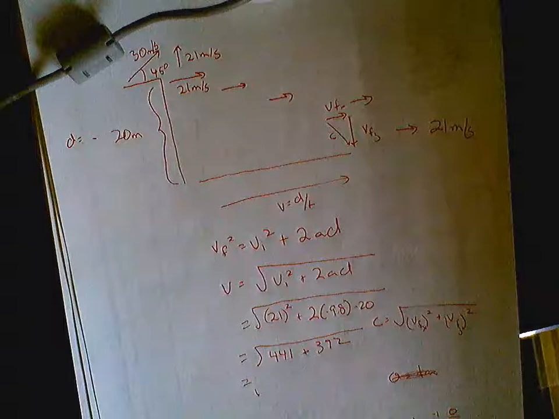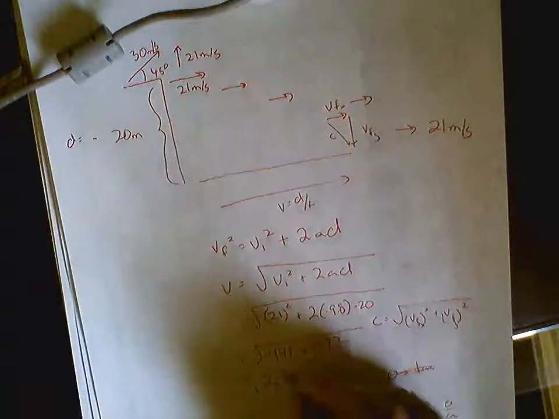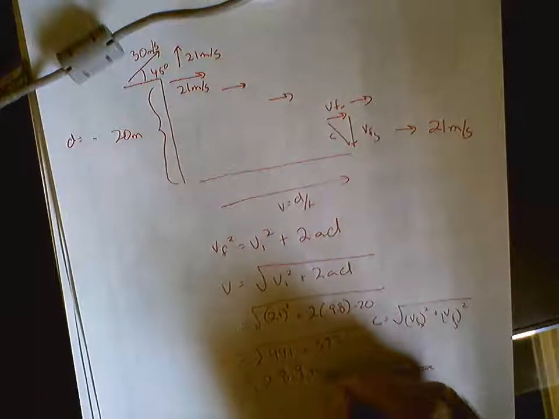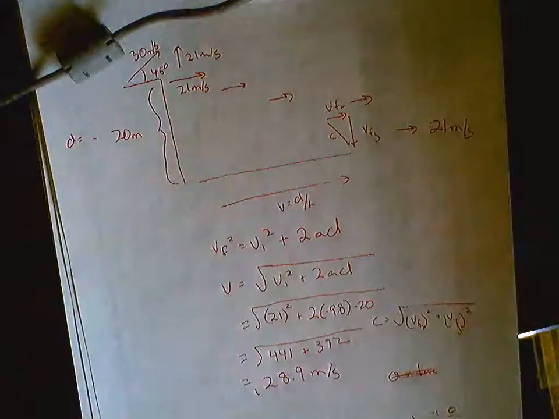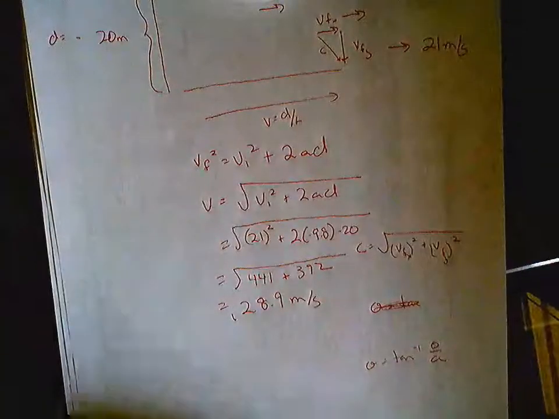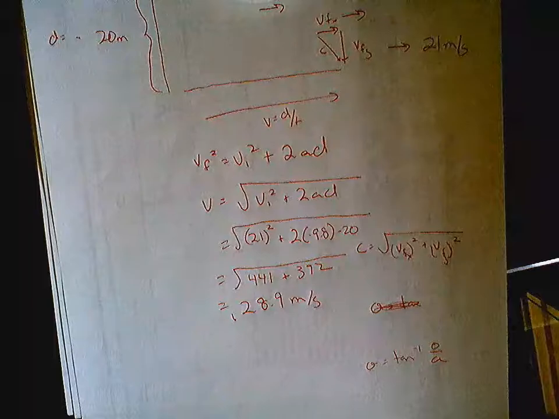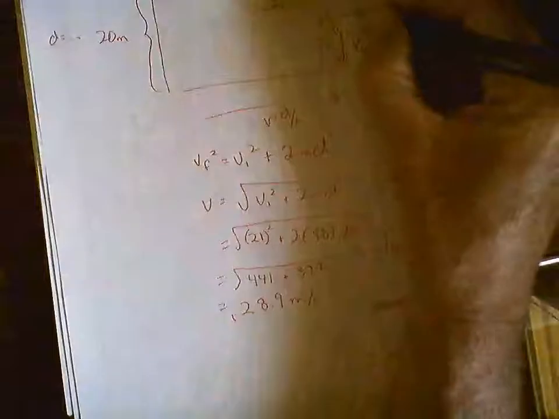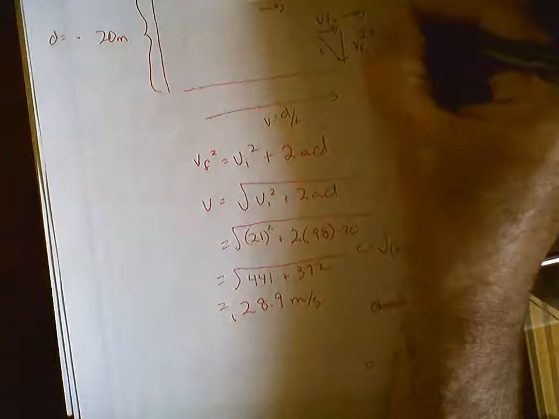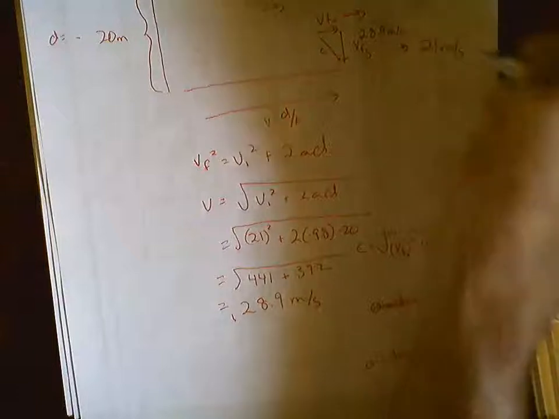And once again, I am not being precise. I want you to show me that you understand the mechanics of how the problems work. That's my goal for you. I'm not looking at significant digits or preciseness here. Okay, so my final velocity in the y direction is 28.9 meters per second.